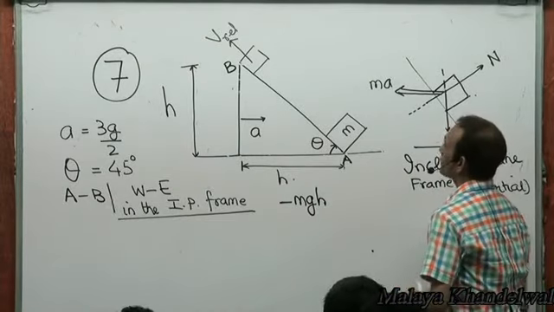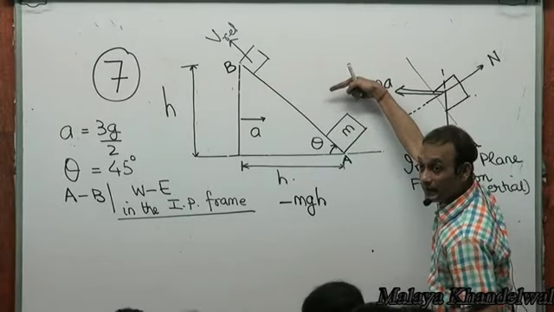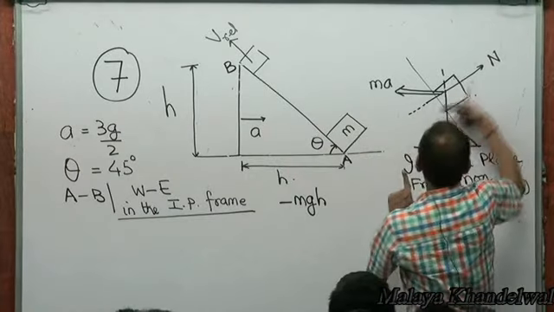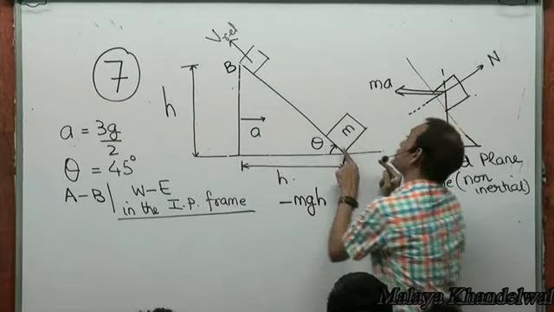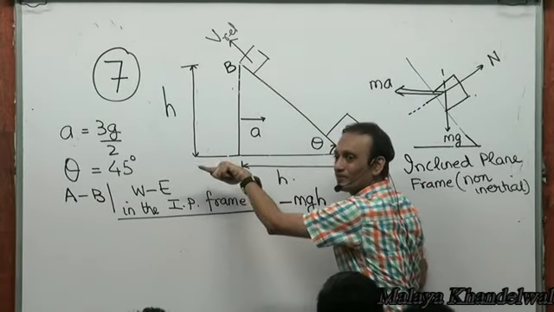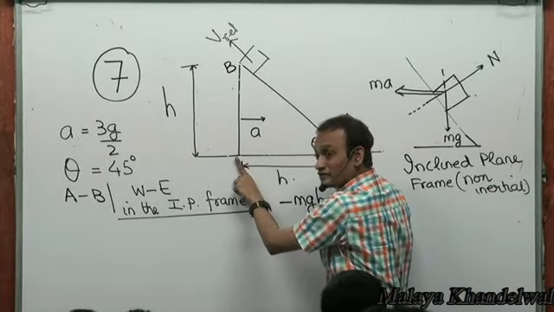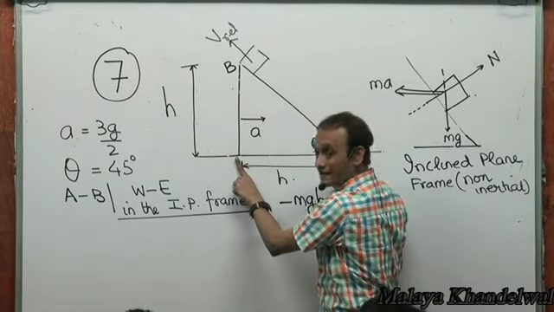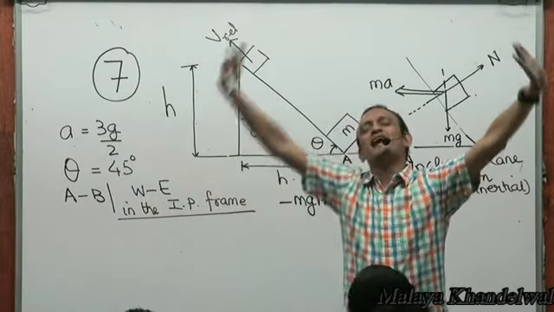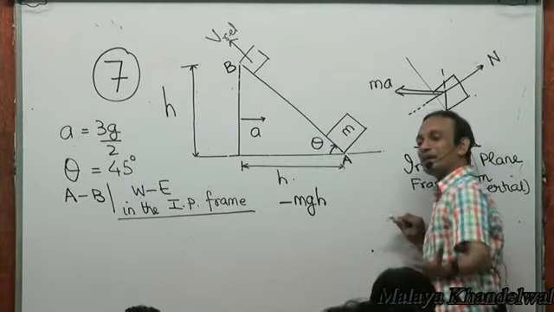Now, there is a pseudo force acting to the left, ma, right? And when the particle goes from A to B, in the direction of the pseudo force, what's the displacement with respect to the inclined plane? h leftwards, yes or no? What's the displacement in the direction of ma? h to the left, as seen by the trolley, the inclined plane.